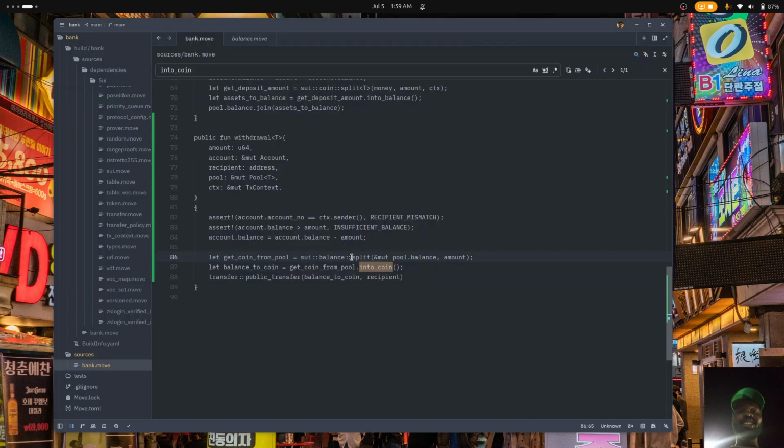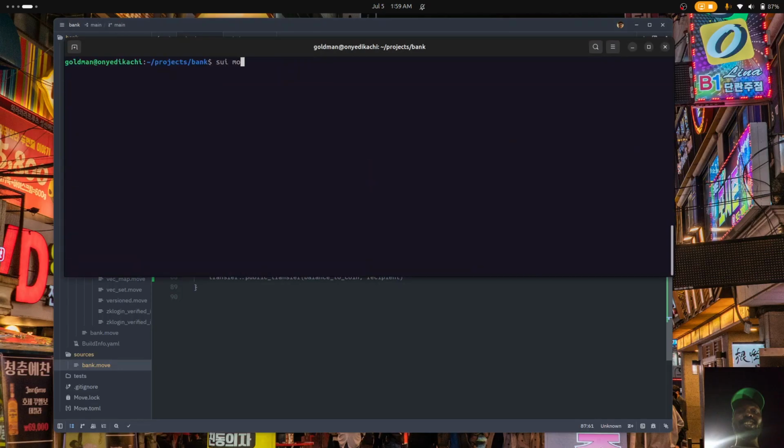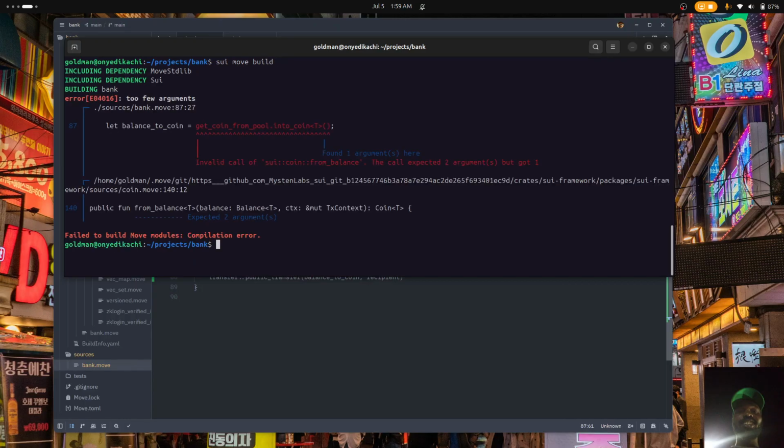Okay, there has to be a coin type. Yeah, okay. Then let me just read out everything again. It's supposed to automatically get that. Expected one, got one.